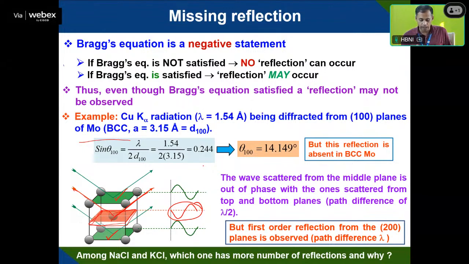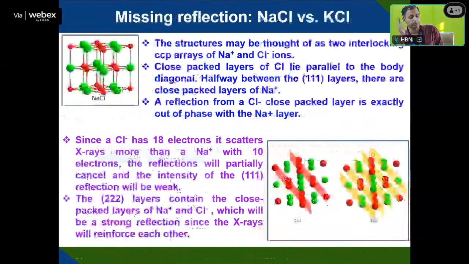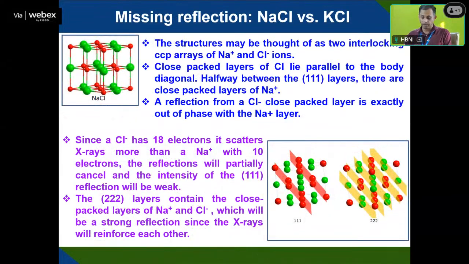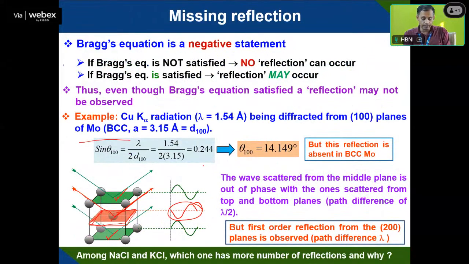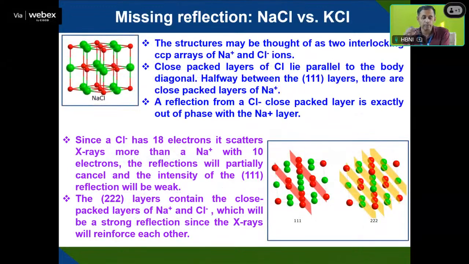The first order reflection from the 100 plane we will not be able to see. But if you go to the higher order plane, you may be able to see it, because the path difference is lambda. So we can identify how Bragg's law is a negative statement, and some peaks are missing.